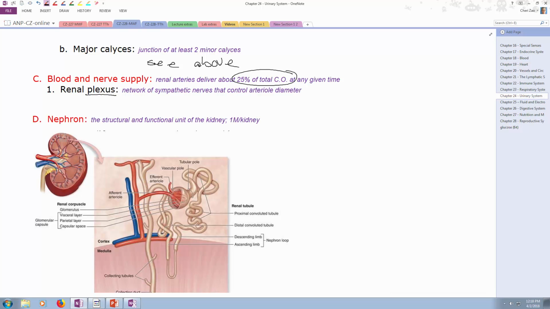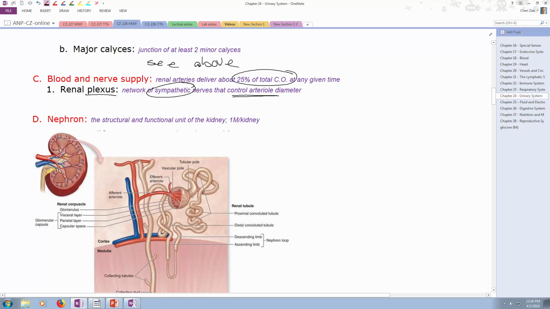And for us, it's sympathetic. Remember, it's blood vessel diameter we're controlling, and blood vessel diameter is controlled by the sympathetic nervous system.